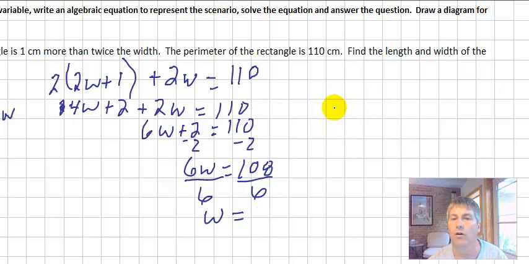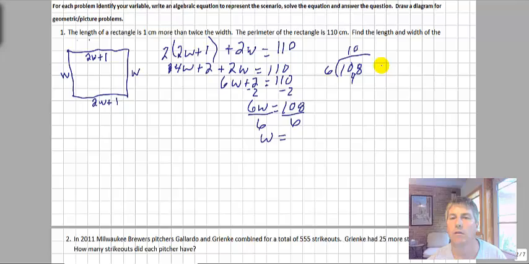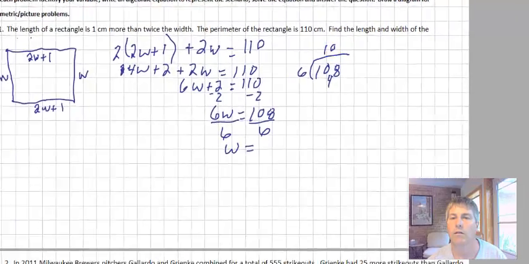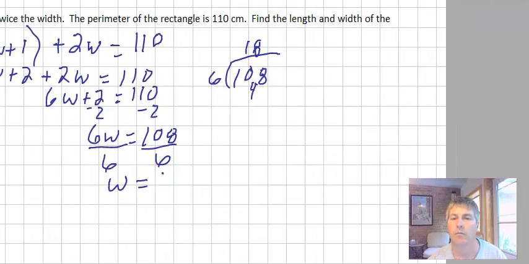Maybe we'll do a little long division on the side here. We don't have a calculator handy. 6 goes into 10 one time with a remainder of 4. So 6 goes into 48 8 times. So we get W is 18.